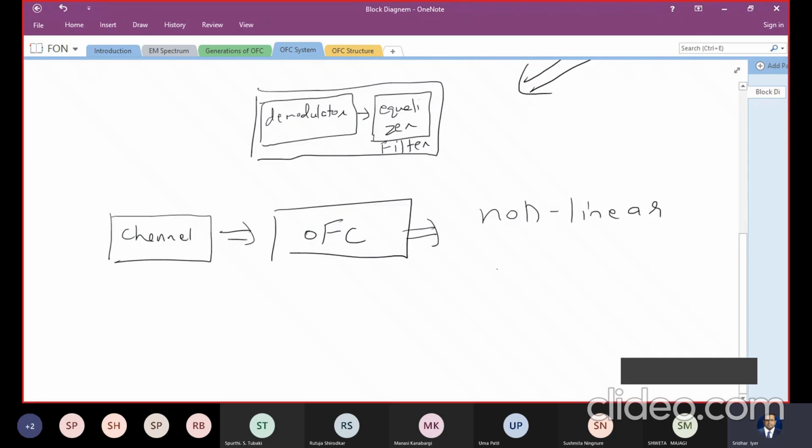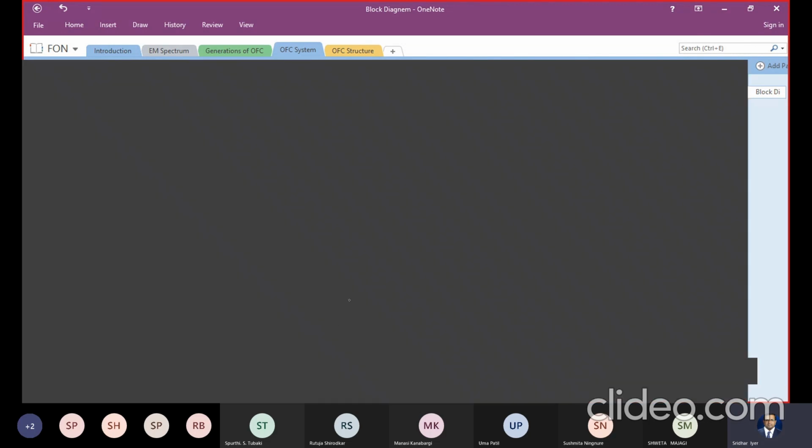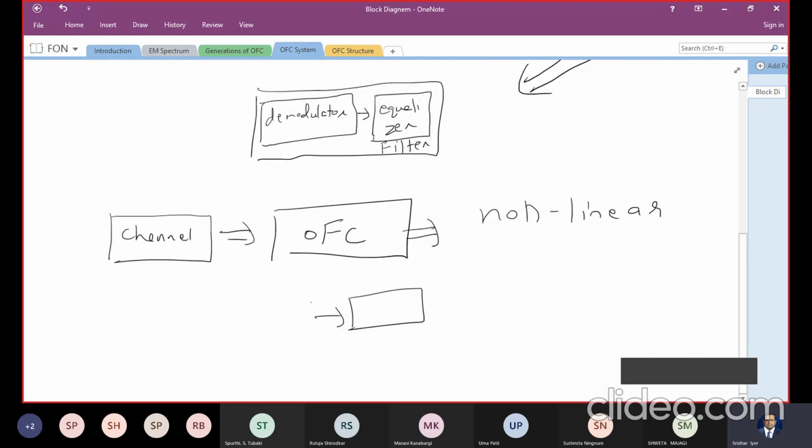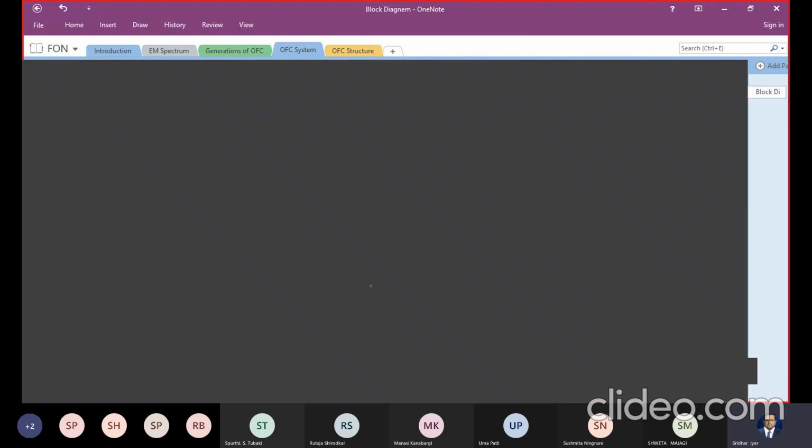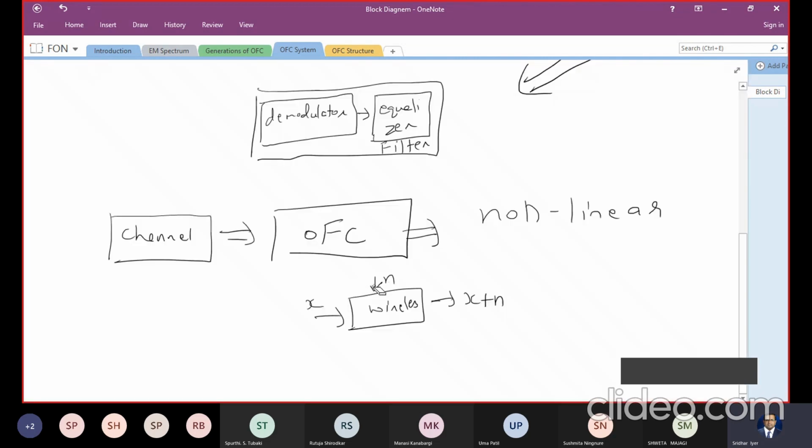Okay. A wireless channel is a linear channel. So what happens in a wireless channel? If this is the wireless channel, the input is some X, the noise is N, the output that you get out of that channel is X plus N, if this is wireless. Okay. However, we are not dealing with wireless, so we'll stick to OFC. OFC is a non-linear channel.